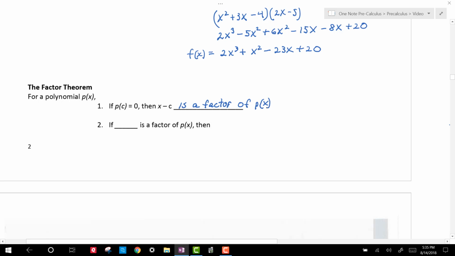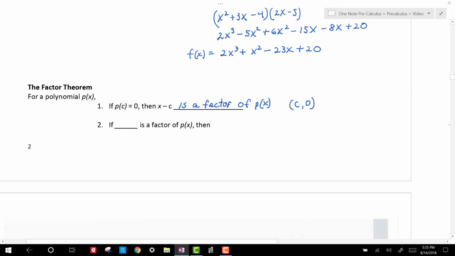In example number 2, I believe it was, when that binomial divided into the polynomial evenly, then we automatically know that x minus c is a factor. And because x minus c is a factor, if I take c and plug it in, I'm going to get 0 out for the answer. In other words, I have a point on this graph of c, comma 0. It's an x-intercept.